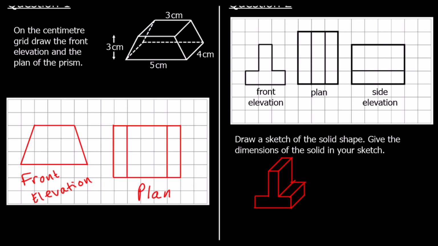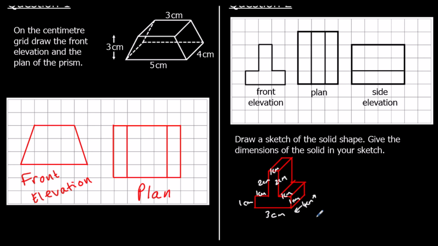So we have 3 centimeters along the bottom, then 1 centimeter up, then 1 centimeter in, and then 2 centimeters up, 1 centimeter at the top, and 2 centimeters, 1 centimeter, 1 centimeter. So that's all of the front shape. And then I'll just write 4 centimeters going back. So that is our sketch.